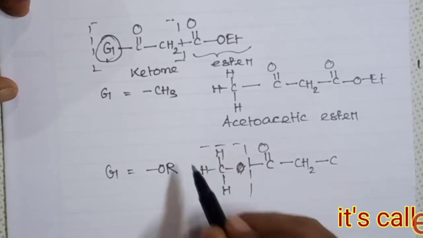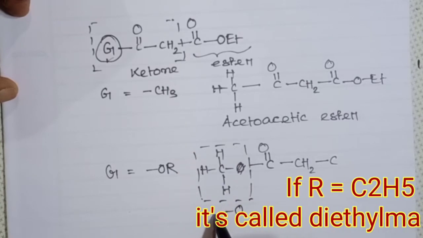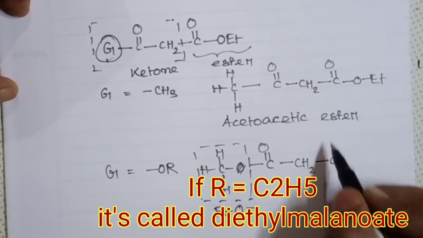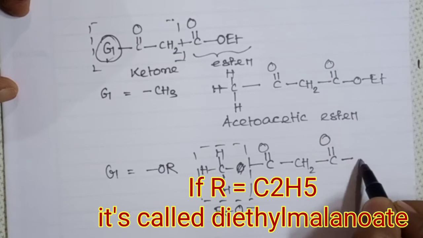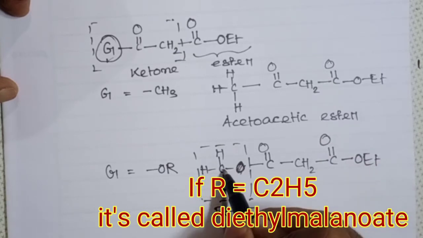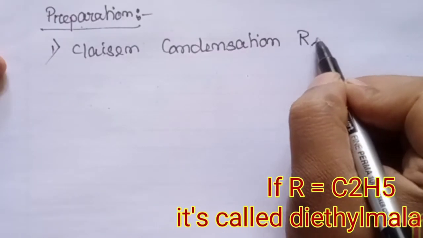So here it is the OR group. This is the oxygen and this is the R group. So the OR group has the remaining portions the same. This particular compound is prepared by a condensation reaction.